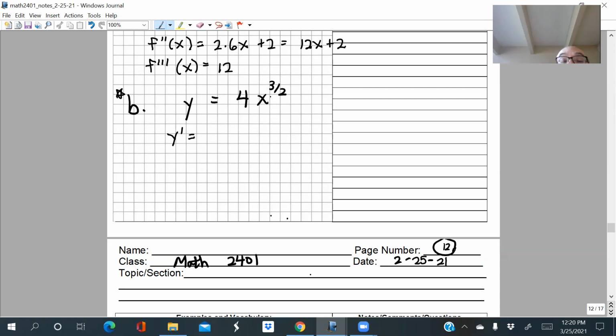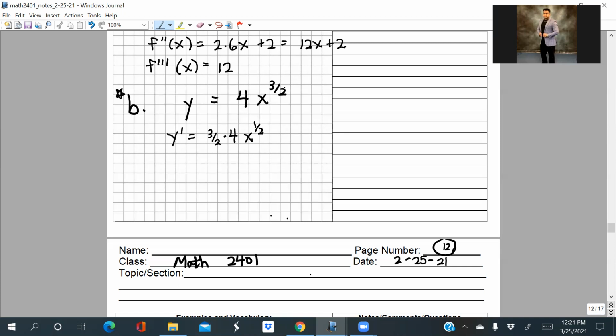So how did you get that? Can you just tell me the steps a little bit? I multiplied the 3 by 2 times 4. That's how I got it. So you're bringing the 3 halves down times the 4, and then 3 halves minus 1 for the power. To the power half, because 3 halves minus 1 is 1 half, correct?